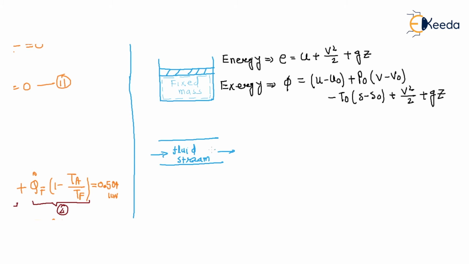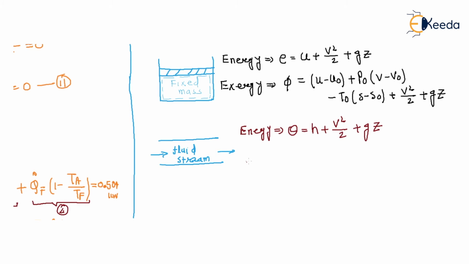What is the energy here? Energy of a flowing fluid, denoted by theta, is H plus V square by 2 plus Z.